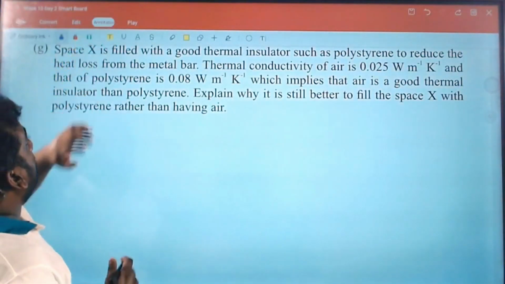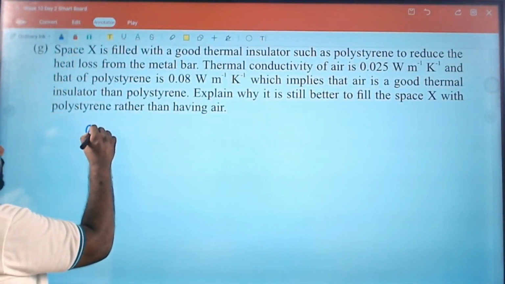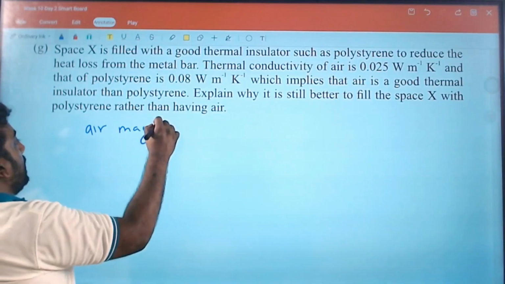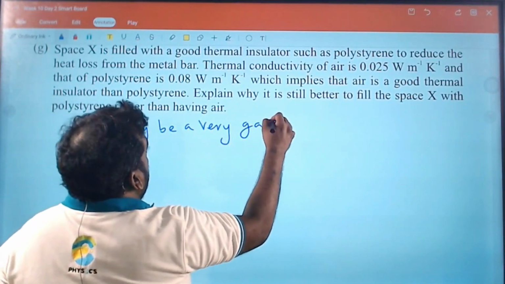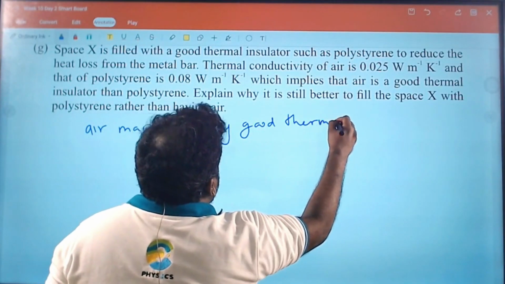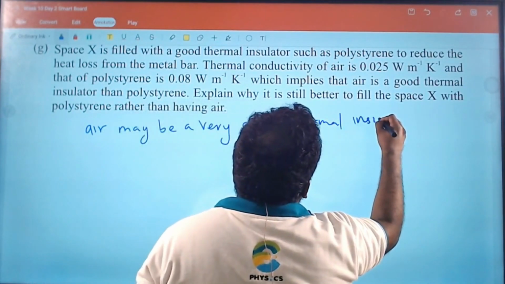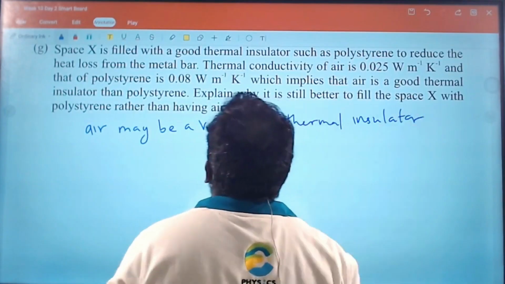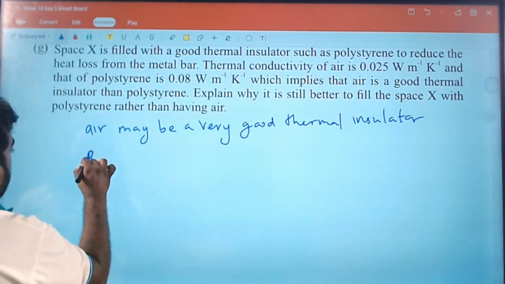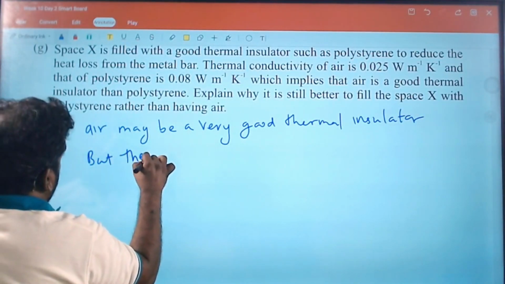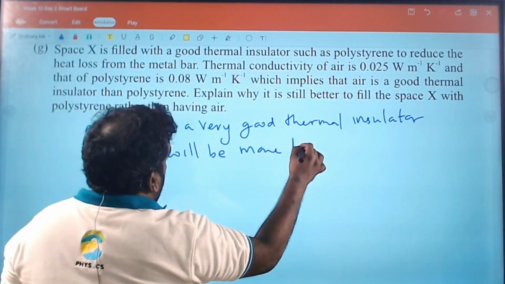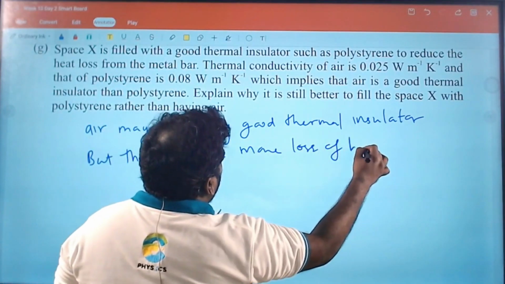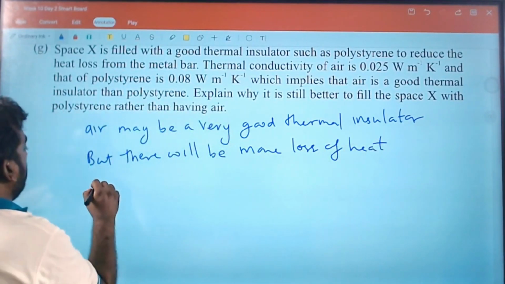Very simple. Air may be a very good thermal insulator, but there will be more loss of heat due to convection.